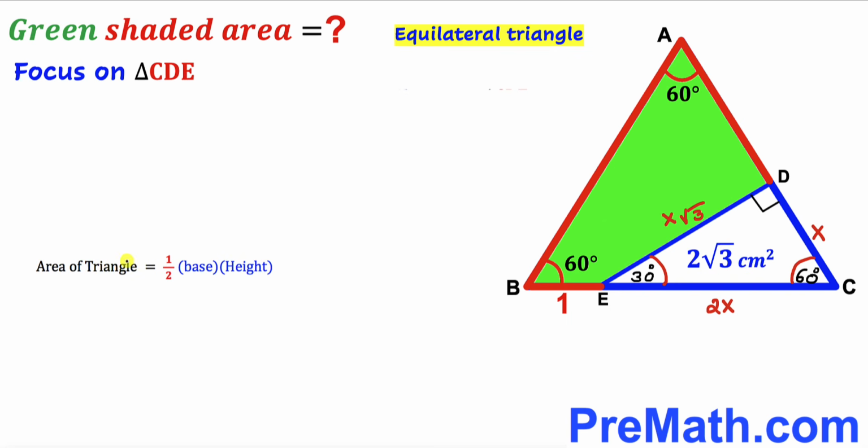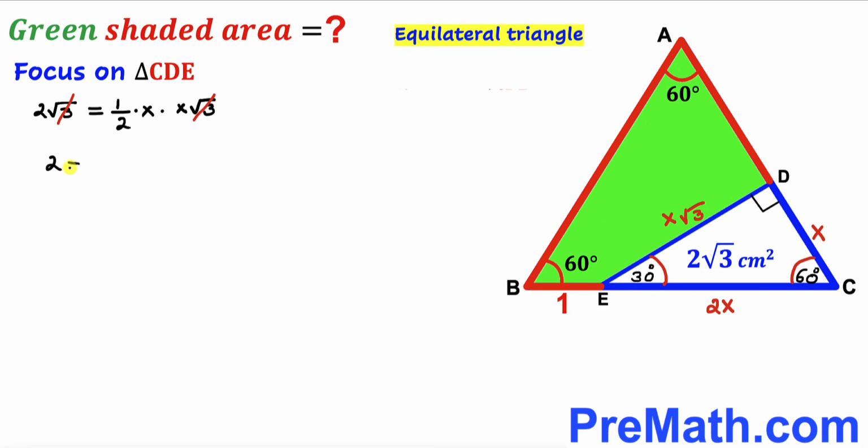Let's fill in the blanks in this formula: 2 times square root of 3 equals a half times x times x times square root of 3. Here the square root of 3 and square root of 3 are gone. So we end up with 2 equal to x square divided by 2.